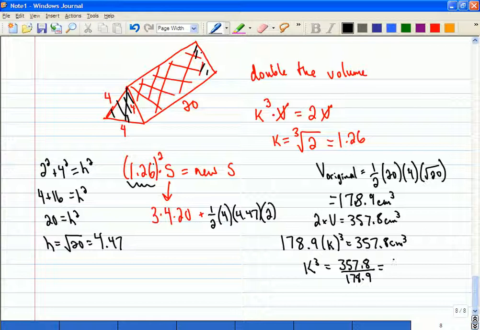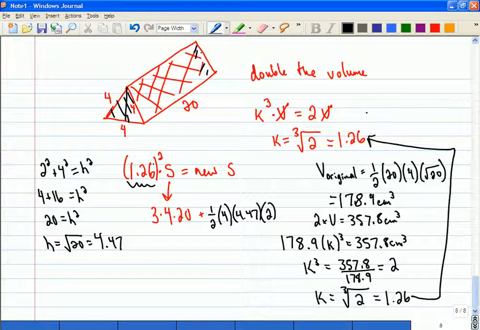And that's about 2. So k is going to be the cube root of 2, which was where we left off before, right here. Okay, so the shortcut was a little harder to figure out from the start, but it's a little easier to do less work to get the answer.